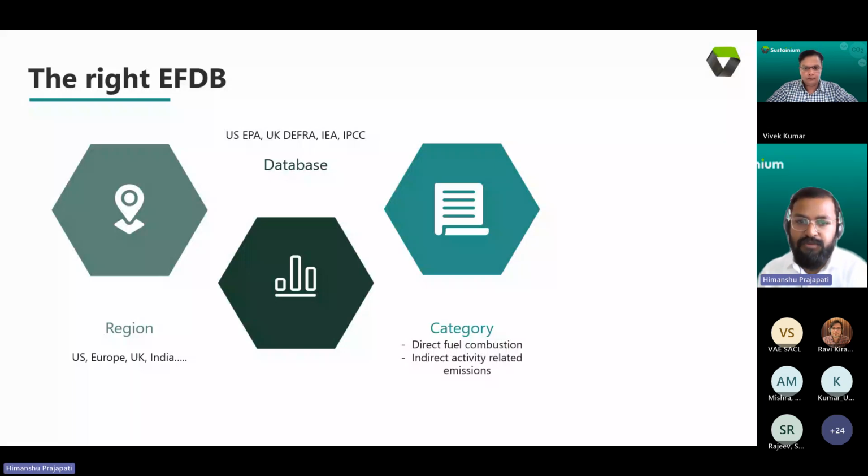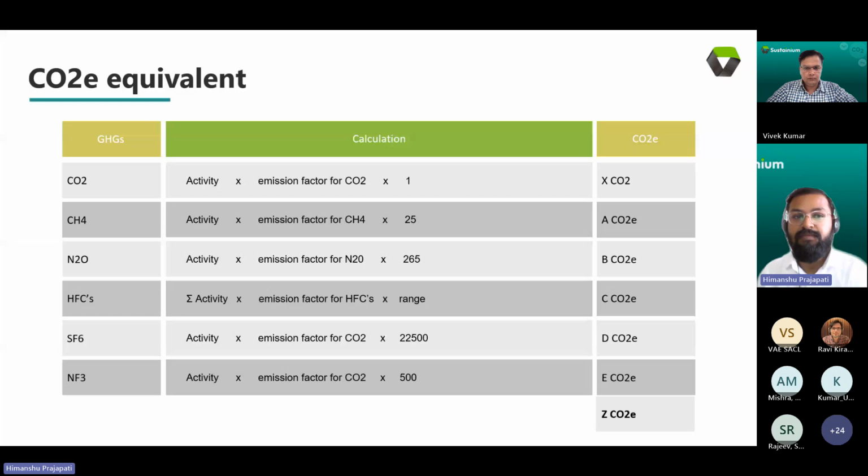So let's talk about the few things that we have already said. I included this particular slide purposefully because when we are talking about the emission factor database, we are also talking about the various GHG gases. Of course, we are talking about the 7 gases that are accepted as per the GHG Protocol.